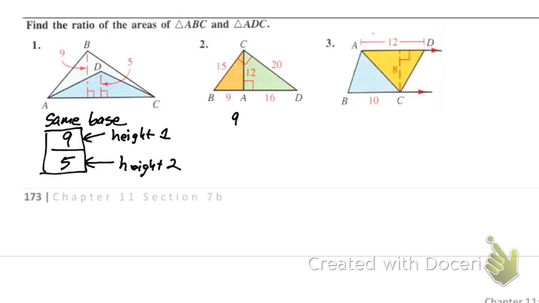So we'll have 9 over, well, maybe I should write same height real quick. So we are going to have base 1, which is 9, over base 2, which is 16. So it's 9 over 16.